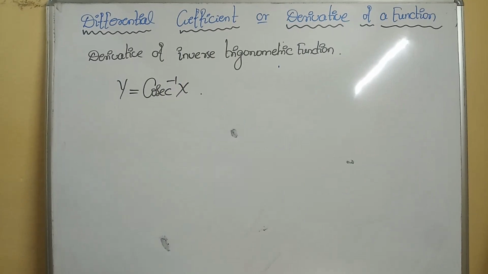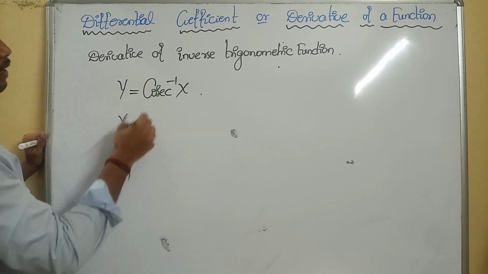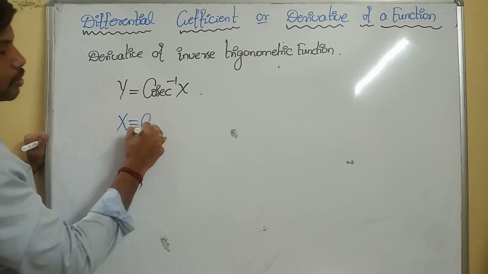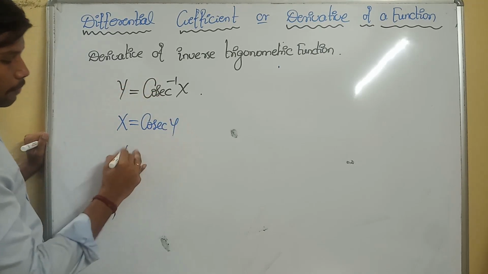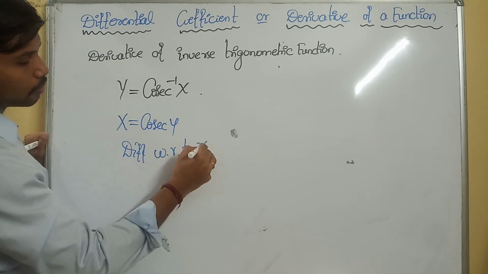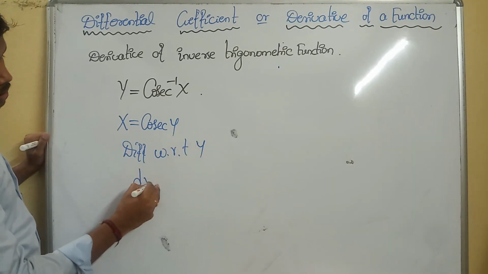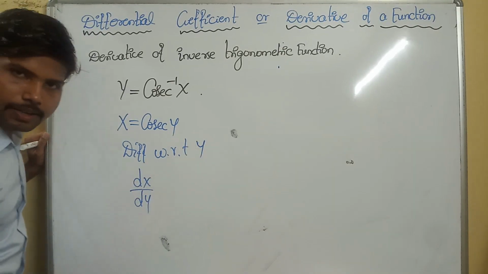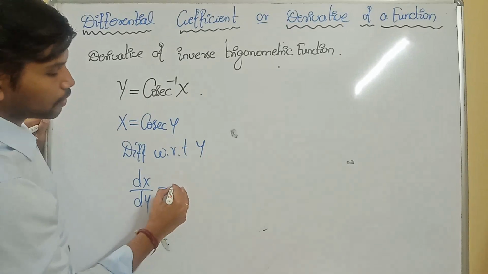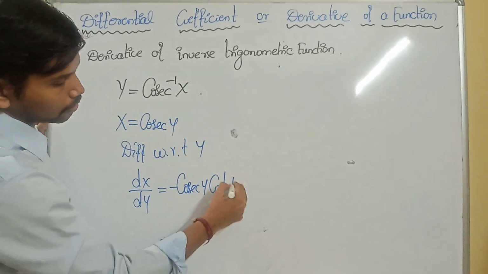Next one is y is equal to cosecant inverse of x. How to find the derivative of this function? X equal to cosecant of y, differentiating with respect to y, dx by dy. The cosecant y derivative will be minus cosecant y into cot of y.